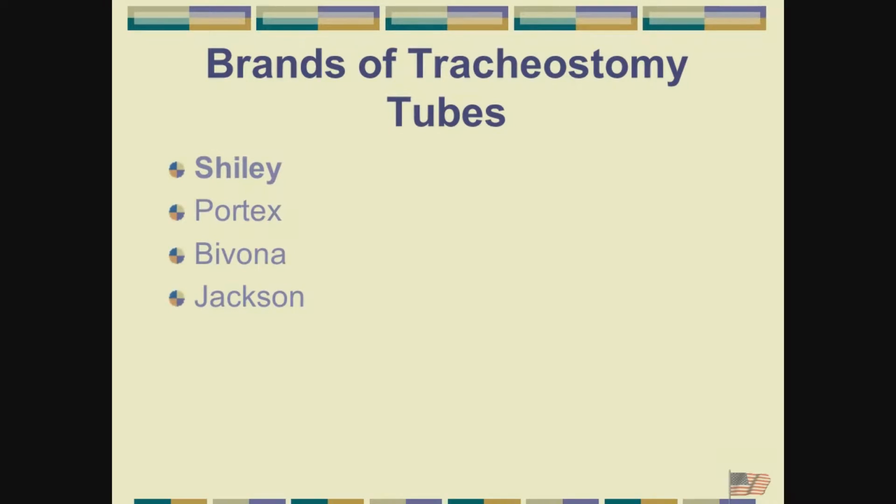Bivona is unique in that its cuff is not air-filled, the cuff is foam. So what ends up happening is, to place the tube in, you deflate the foam, you suck it out, and it collapses, and then once it's inside the airway, you allow it to re-expand. The claim is that because that foam is expanding, you don't have a lot of problems with tracheal necrosis, because the pressure applied is atmospheric pressure.